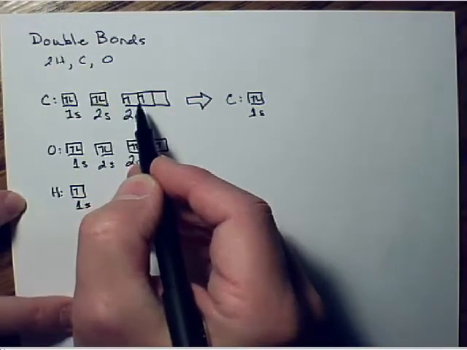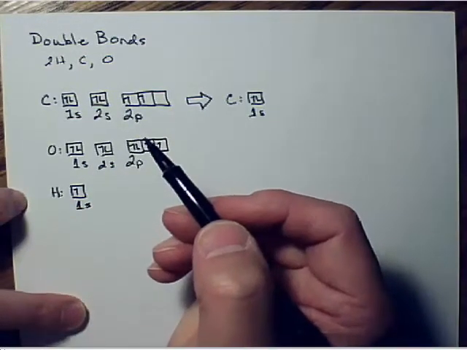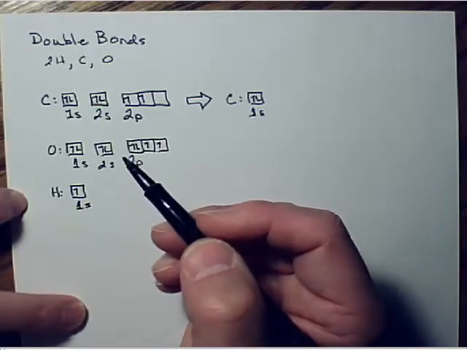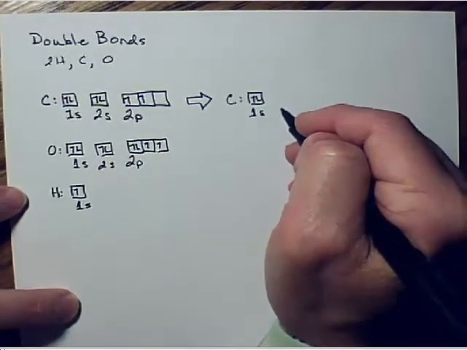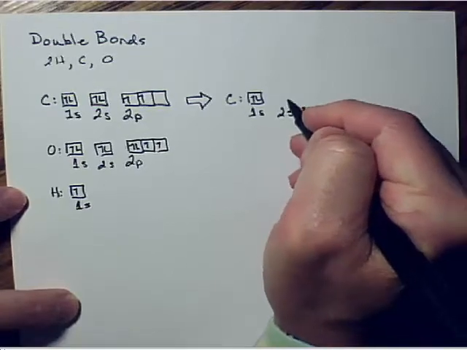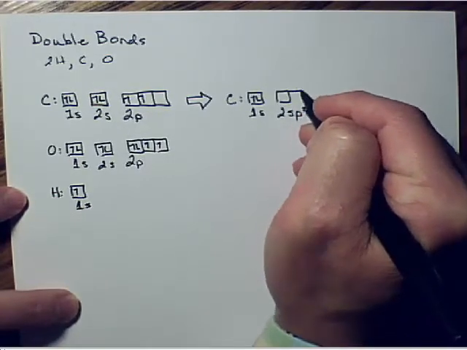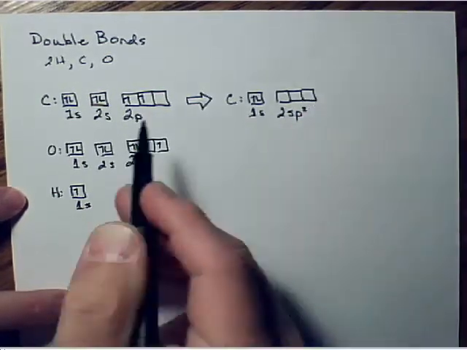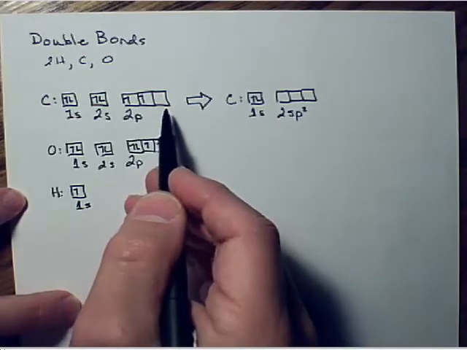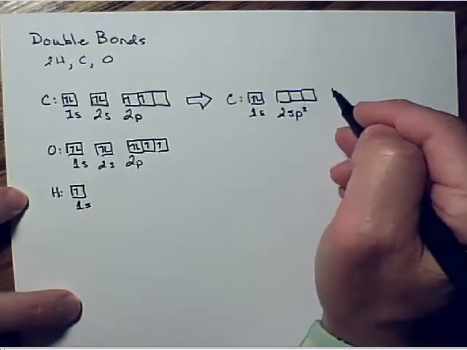That means our new hybrid is going to be spp, or an easier way to write that is sp squared. Okay? But the last p orbital down here is not going to be hybridized.